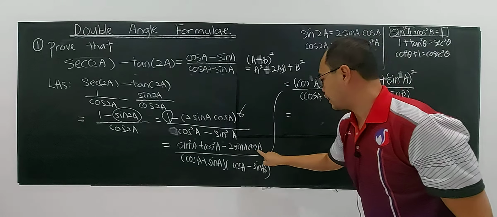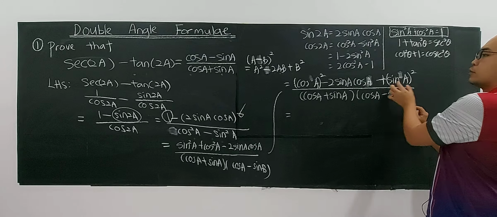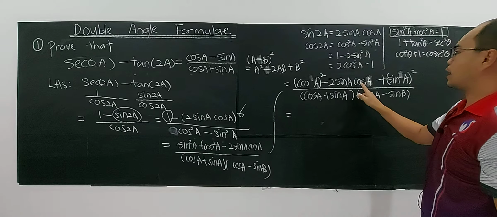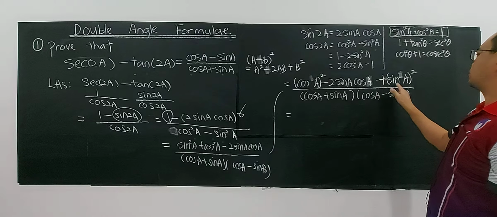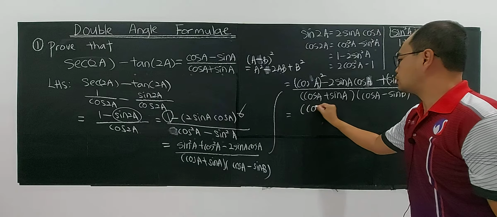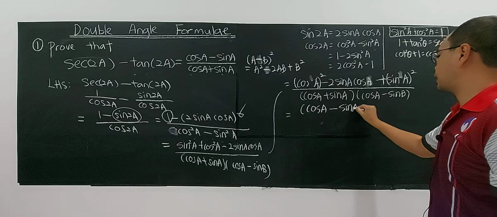So 2 sine A cos A, right? So it will be cos sine. This one will be B. So this now is your A square minus 2AB plus B square. So I can rewrite this thing as cos A minus sine A square.